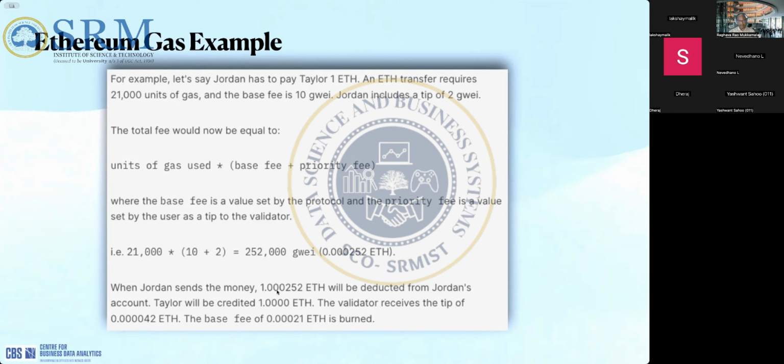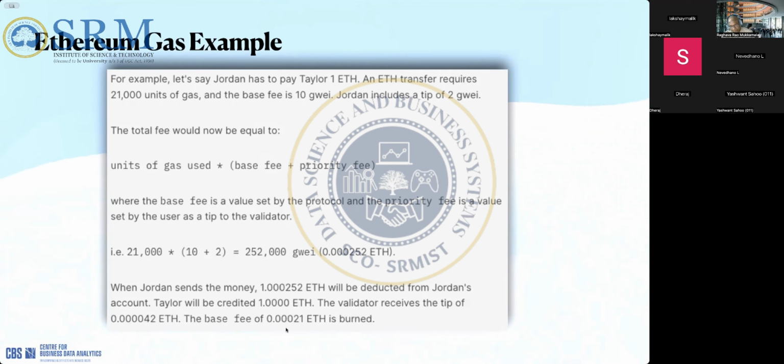Then the validators will execute the transaction, and when they execute it, they will receive a tip of 0.00042 Ether. Remember, this is the priority fee, right? The priority fee is 2 Gwei, which will be like 42,000 Gwei, which will be like 0.00042 Ether, right? So this is the priority fee, which will be collected by the miner who executed this transaction.